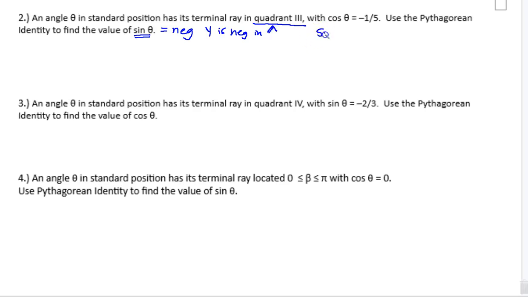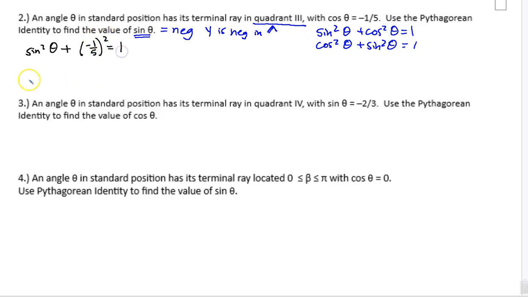So here we go. Our Pythagorean identity is sine squared theta plus cosine squared theta equals 1. You could always switch that around if you like and make it cosine squared theta plus sine squared theta equals 1. It really doesn't matter. So I'm going to go sine squared theta plus negative 1/5 squared equals 1.